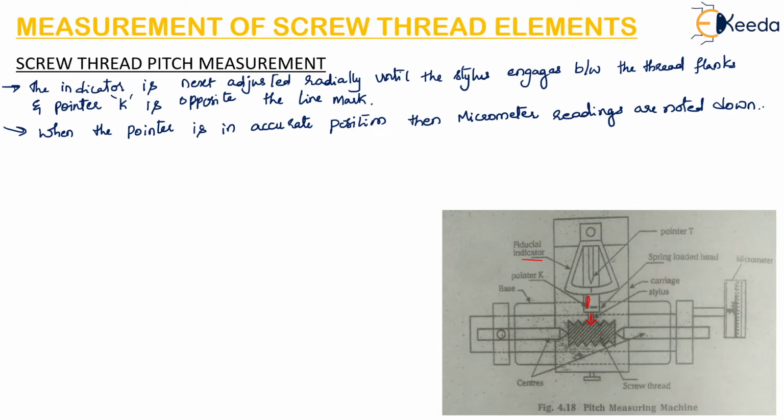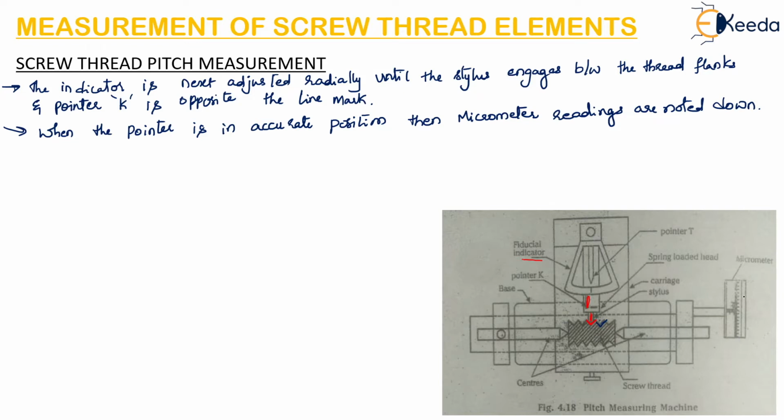The stylus is then moved along to the next thread space by rotating the micrometer and the second reading is then taken. So this stylus will be moved to the next space, that is, in between the two flanks of the next thread.